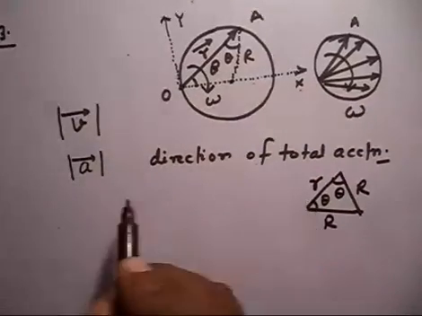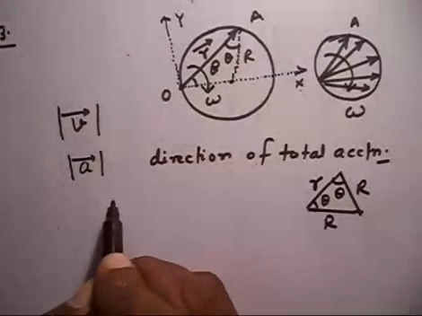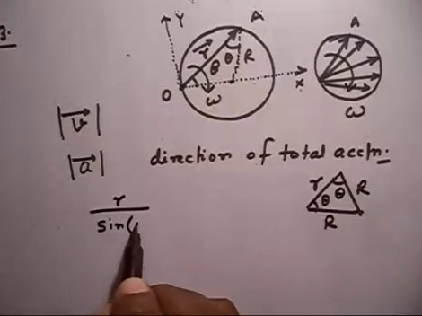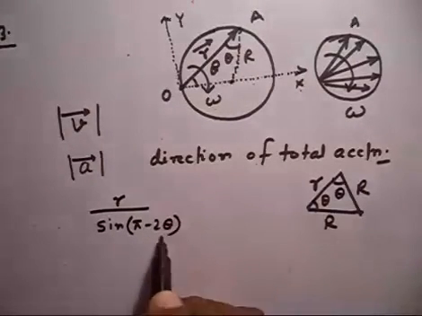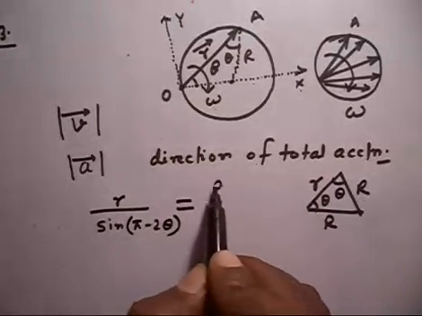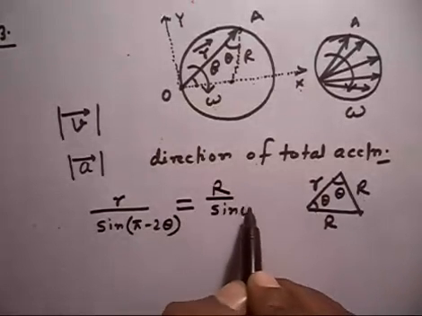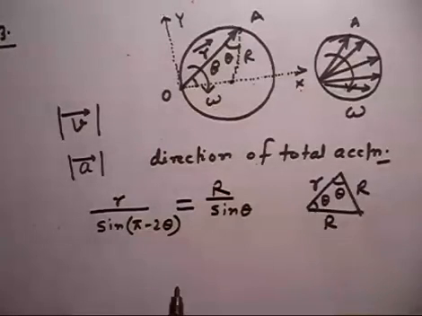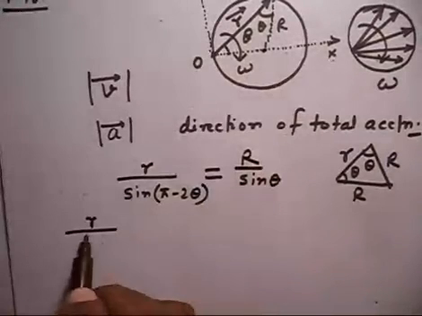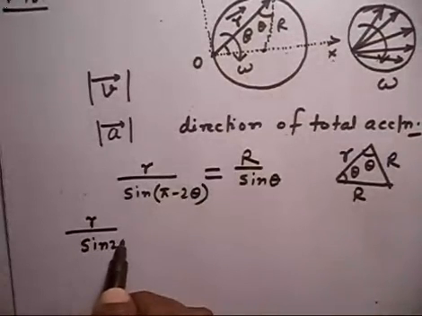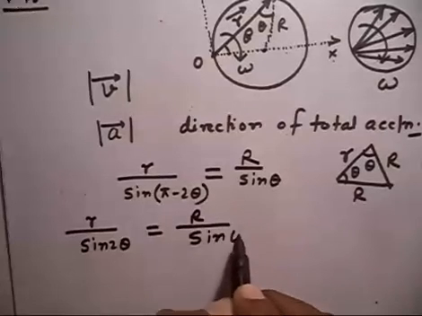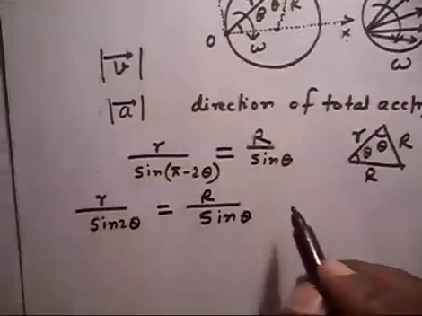Now if I apply the sine rule in this triangle, I can write r over sine of pi minus 2 theta is equal to R over sine theta. Solving, sine of pi minus 2 theta is simply sine 2 theta, so r equals R sine 2 theta over sine theta.